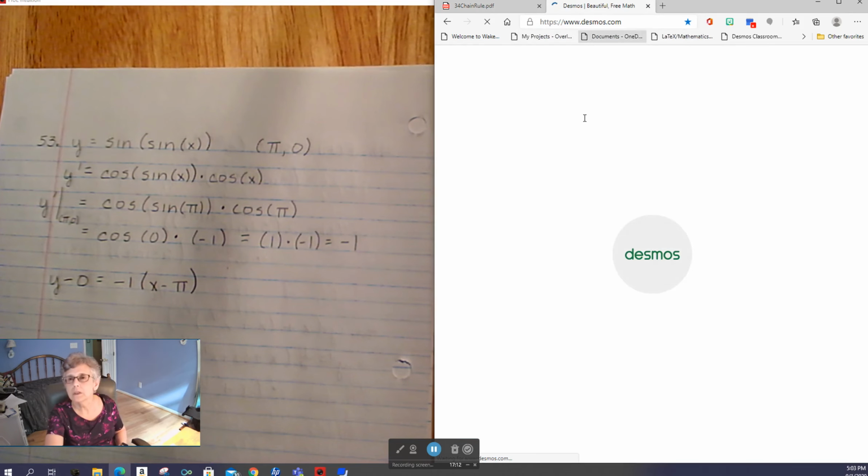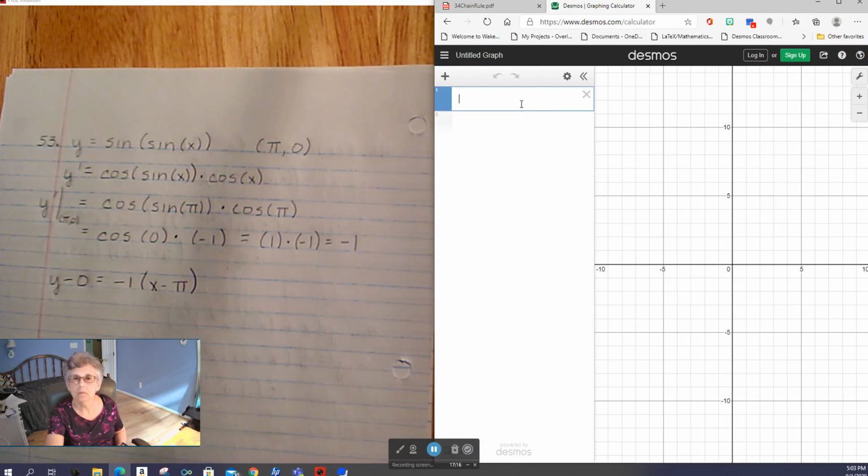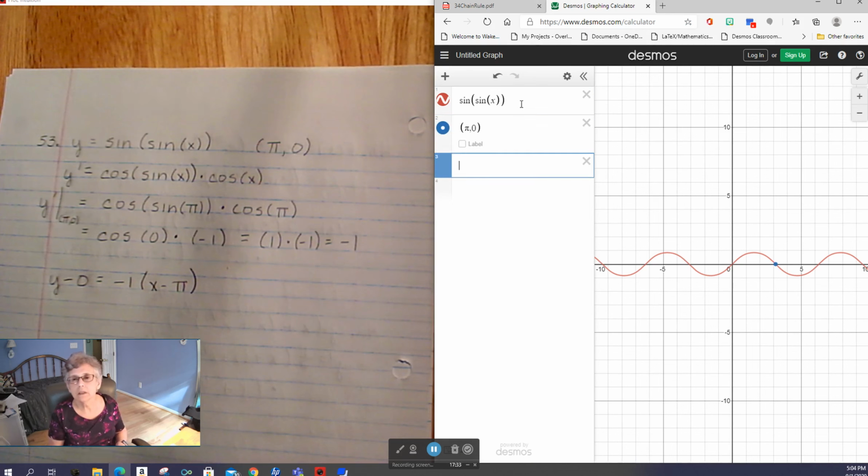Because it's beautiful and it's free. So we have sine of sine of x. It looks a lot like sine. It's just a little squiggly wave line. And our point is pi, 0, lives right there.